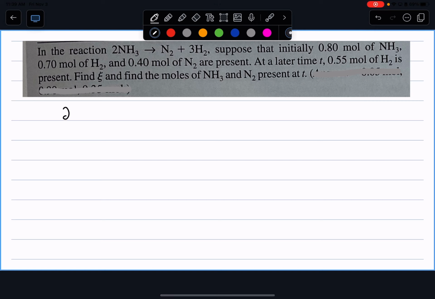So we have a reaction, right? 2NH3 goes to N2 and 3H2. And we know our definition of the proportionality of reaction C equals delta Ni over nu I, that's our coefficient, and this is the proportionality of reaction. So we have our initial state.